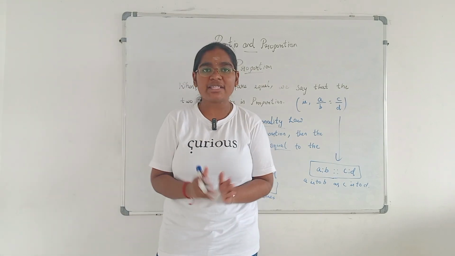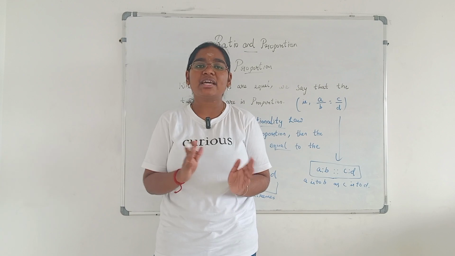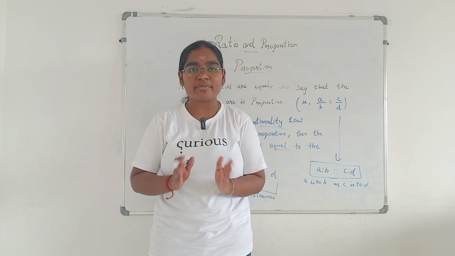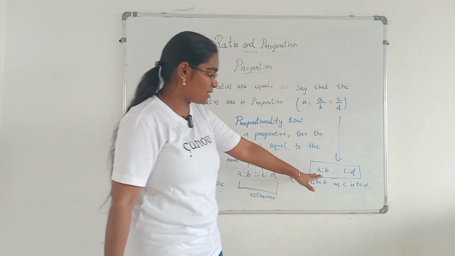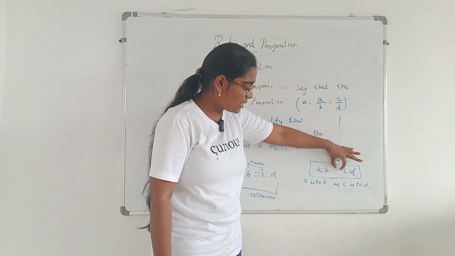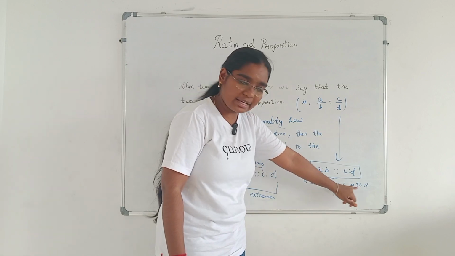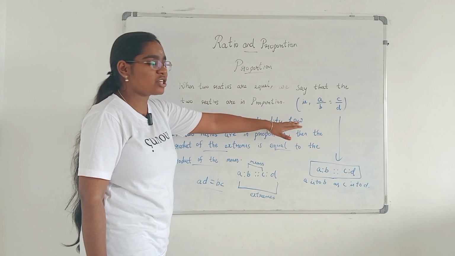Okay, so proportion means comparison of two ratios. If the two ratios are equal, then those two ratios are in proportion. Proportion is denoted like this: A is to B as C is to D. The next concept is proportionality law.